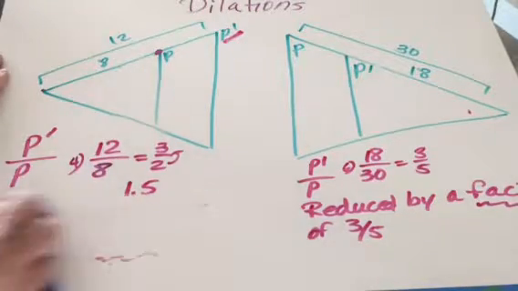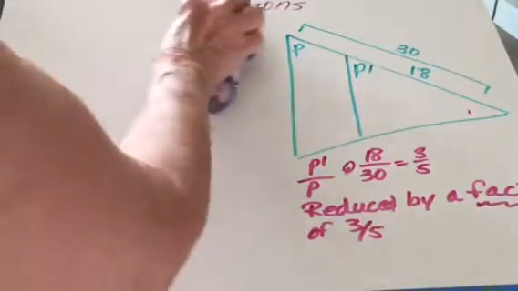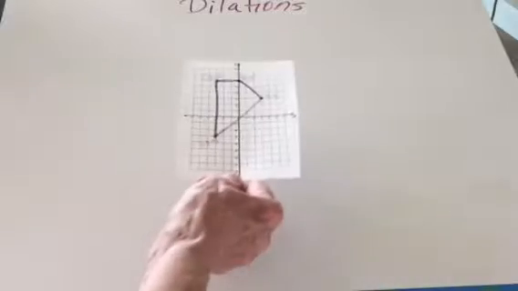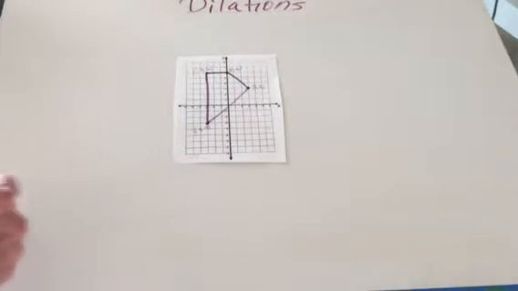If I already have a shape and they're asking me to dilate it, that's what they're doing in this figure. So I have this shape, and they're asking me to dilate this by a factor of 1/3.